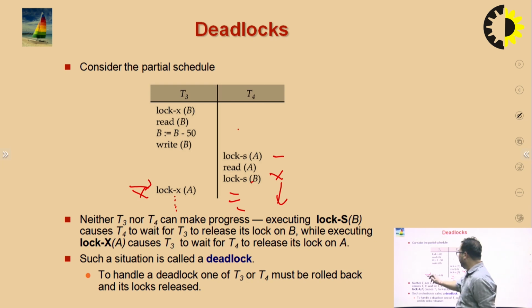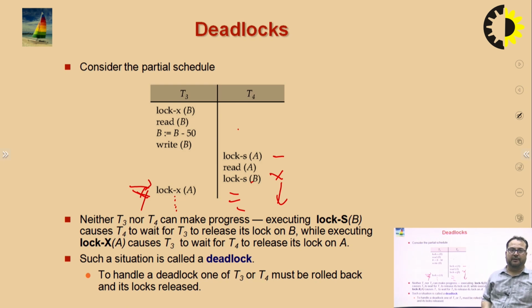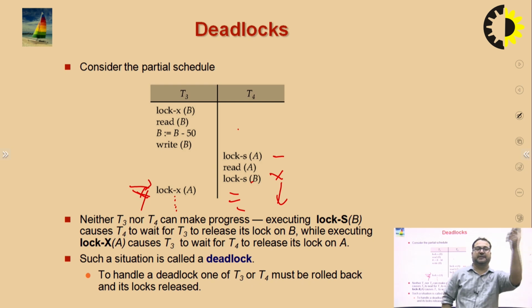After that no instruction will be executed here. T4 will not execute any more instructions. So somehow T3 and T4 could not proceed further. They are being locked. So we need to take care of the sequencing or ordering of locking, because the sequence may lead to deadlock situations or starvation situations.